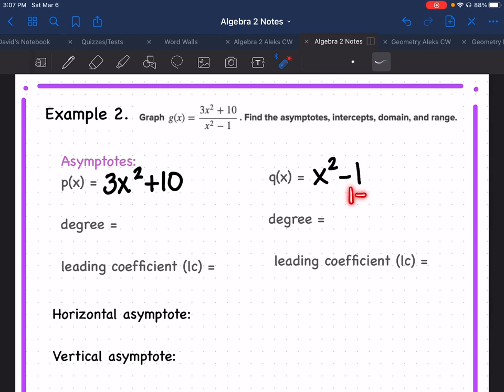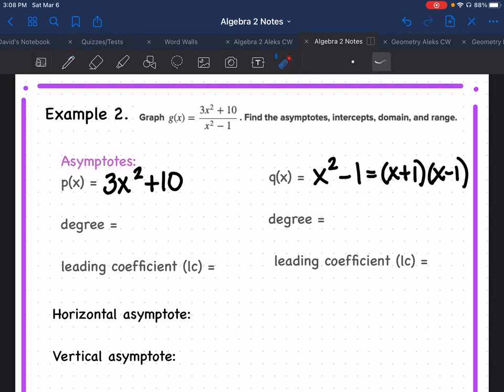Well, 1 minus 1 equals 0, and 1 times 1 equals 1. So this is the difference of squares. And if I were to factor it, it would be x plus 1, x minus 1. Okay, that doesn't change its degree, that doesn't change its leading coefficient. We just might have to use that later, okay?